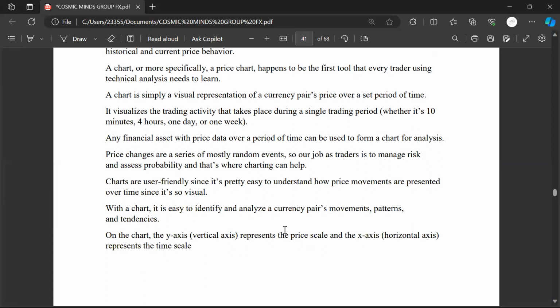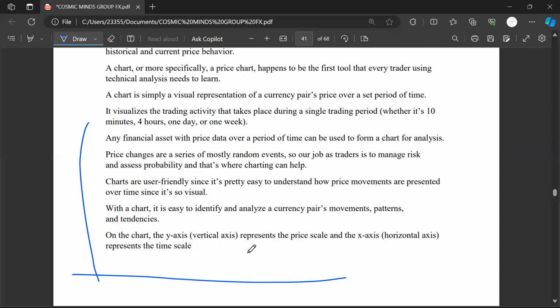On the chart, the y-axis, which is the vertical axis, represents the price scale, and the x-axis, the horizontal axis, represents the time scale.